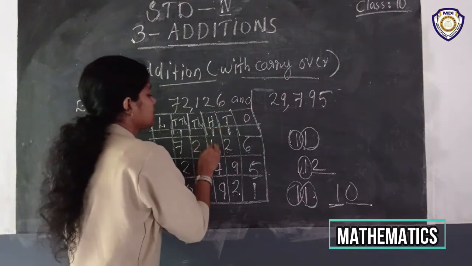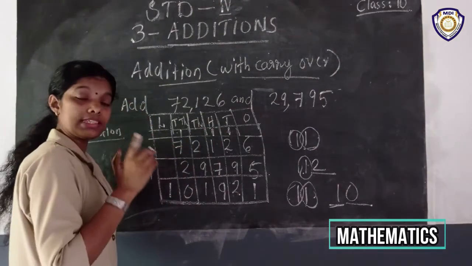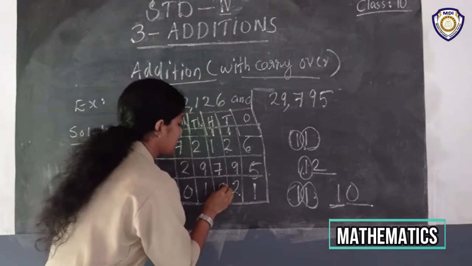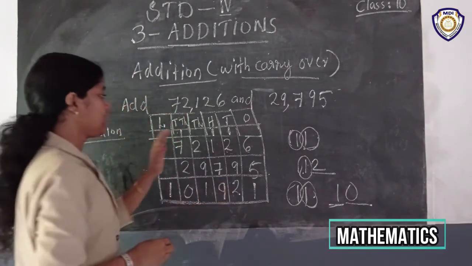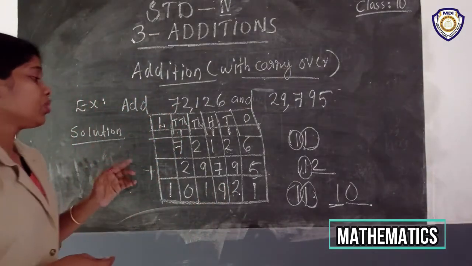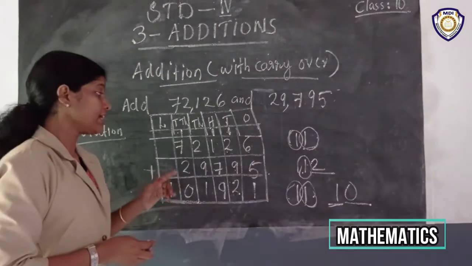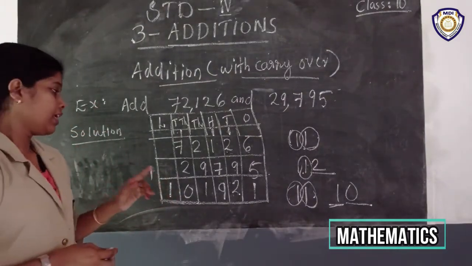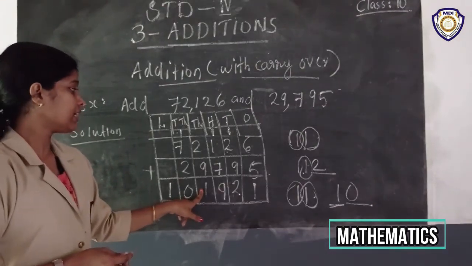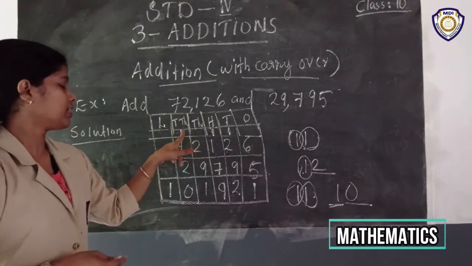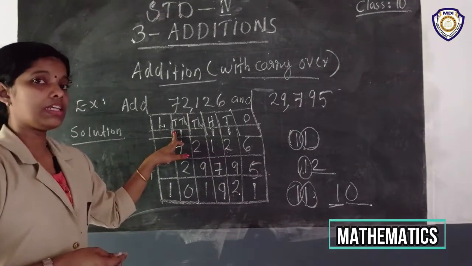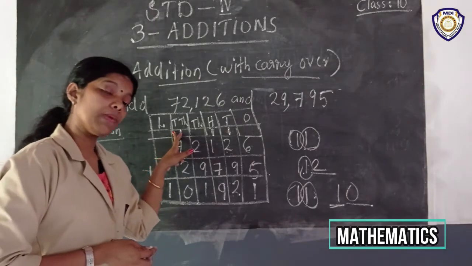Then 1 plus 1, 2. 2 plus 7, 9. 9 is here. Then add the thousands column. 2 plus 9, 11. 1 is here. The other 1 is carried to the 10,000s place.